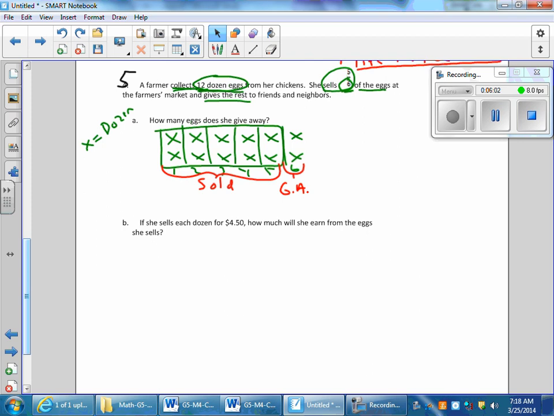Okay? So, we want to know how many eggs she gives away. Well, she's giving away 1/6. I can clearly see with my drawing, she's giving away 1/6 of 12 dozen.